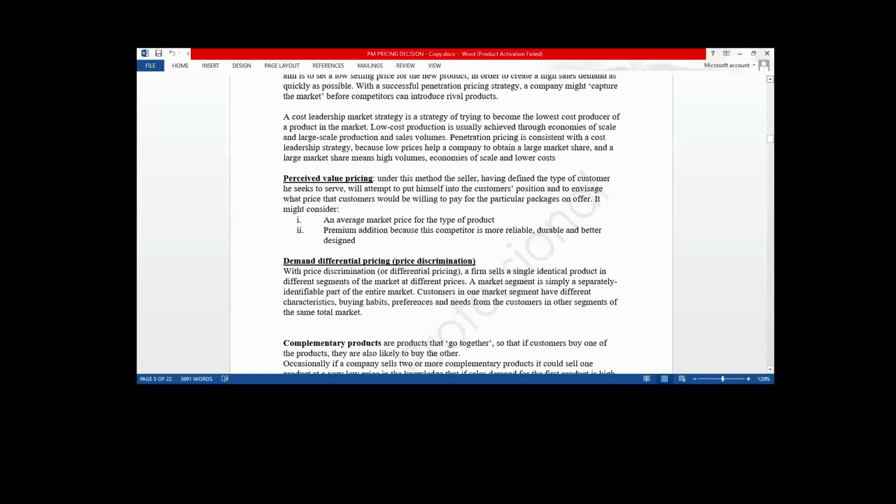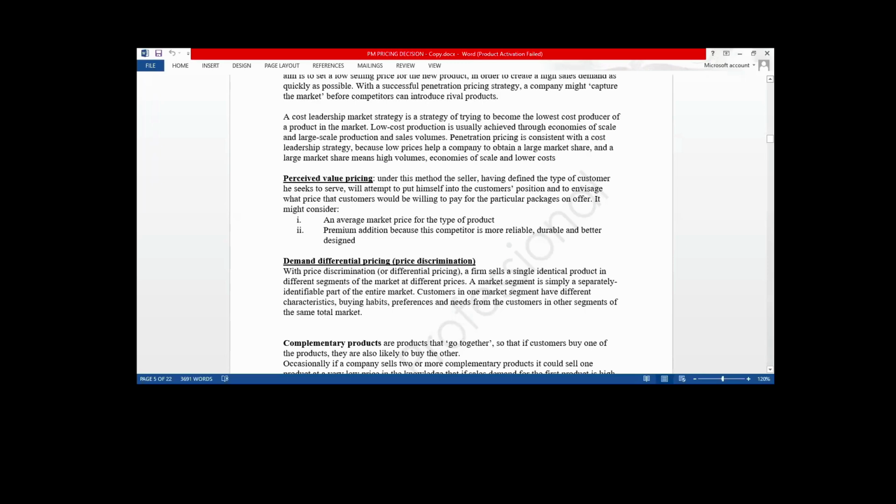You approach me privately, I will say pay this amount. The next person will approach me, I will say pay X amount. I can charge different amounts from different customers for the same product. This is differential pricing strategy. But please note, for you to talk of price discrimination, you must be able to segment your market. Right.